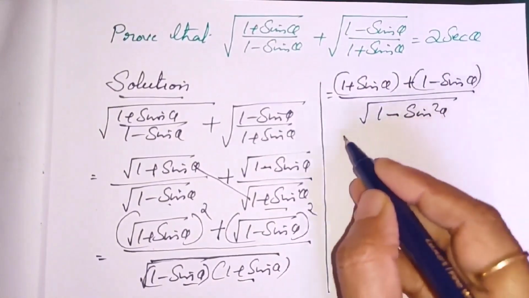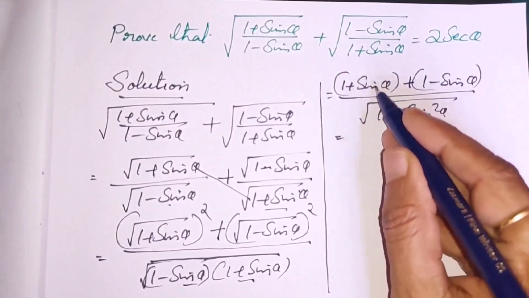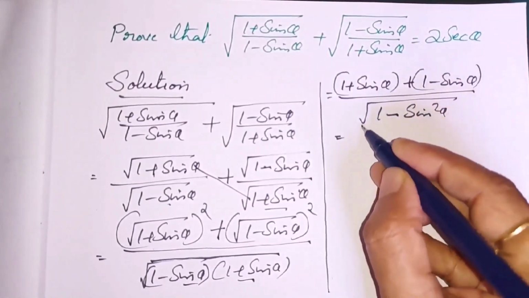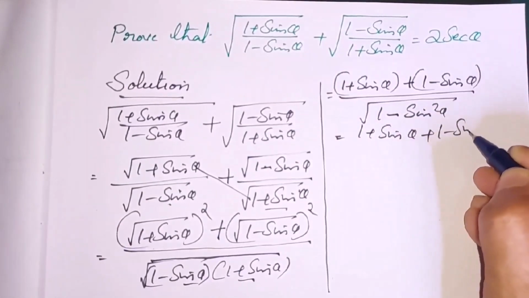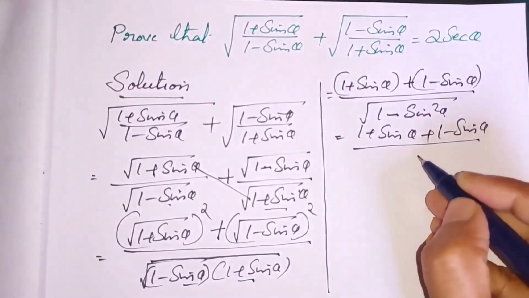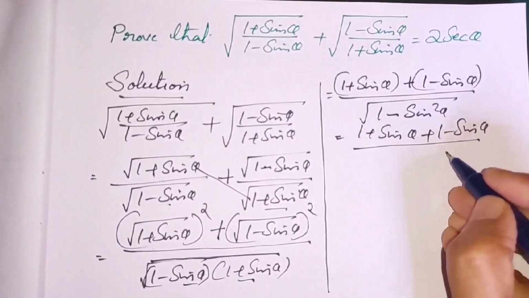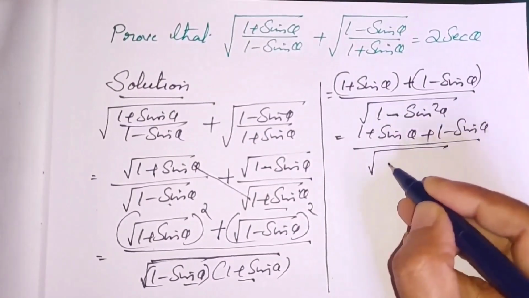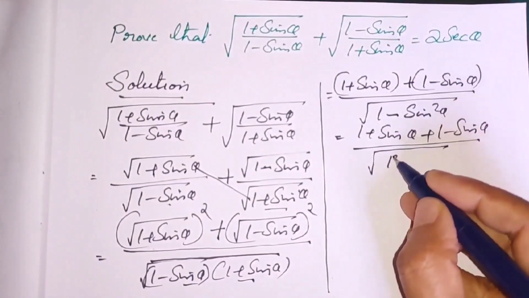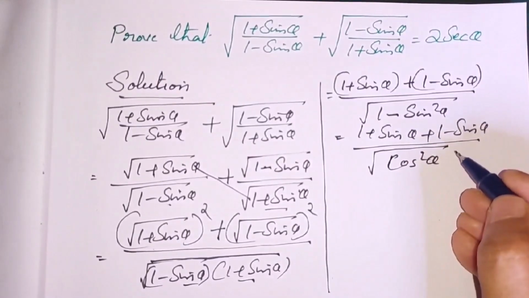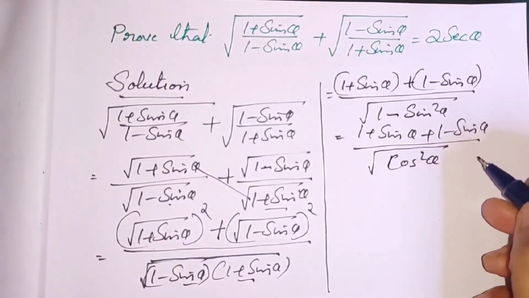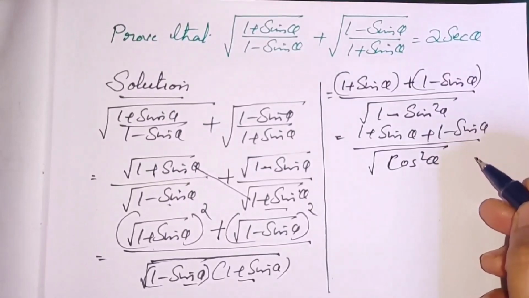Right? That is equal to, now 1 plus sin theta plus 1 minus sin theta upon root of 1 minus sin square theta. Square root of 1 minus sin square theta is cos squared theta. Identity: sin square theta plus cos square theta is 1, and cos square theta is 1 minus sin square theta.